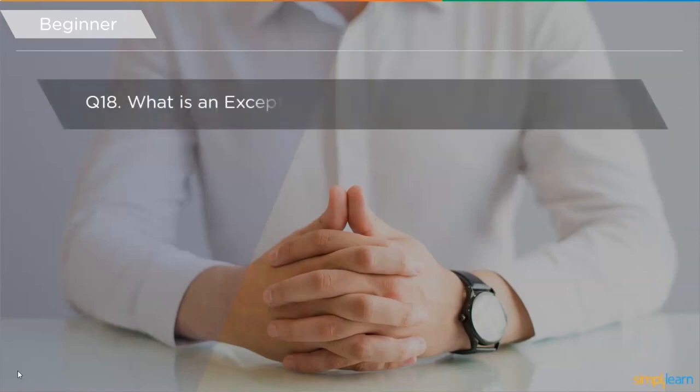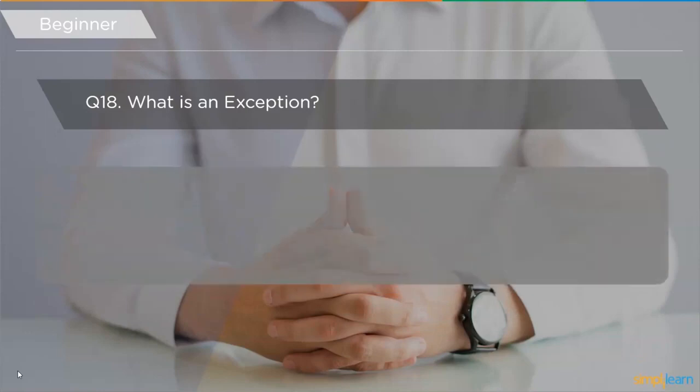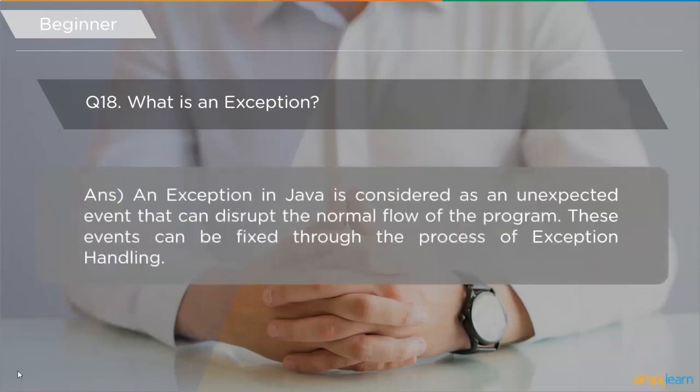So followed by this, we have our next question, that is, what is an exception? So the answer for this question is, an exception in Java is considered an unexpected event that can disrupt the normal flow of the program. So for example, just consider that you are going to write a program for the division operator.